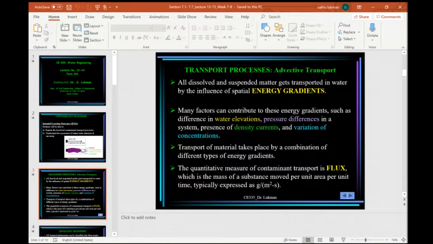So this you will discuss more under the environmental engineering aspect, because that is about the quality of water. Here in water engineering, we are looking at the quantity. We are so specific about the quantity.